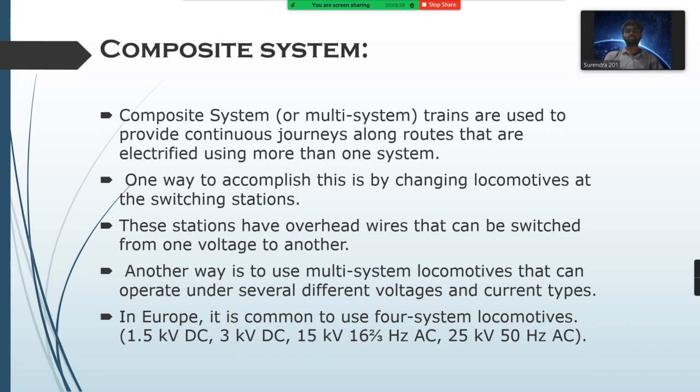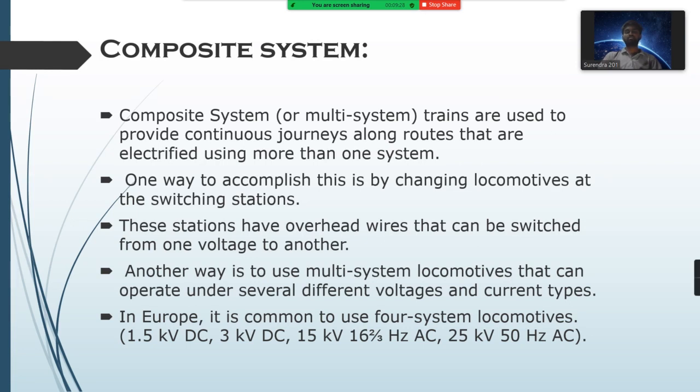Coming to the composite system, the last one. In these systems, trains are used to provide continuous journeys along routes that are electrified using more than one system. One way to accomplish this is by changing locomotives at switching stations. These stations have overhead wires that can be switched from one voltage to another.